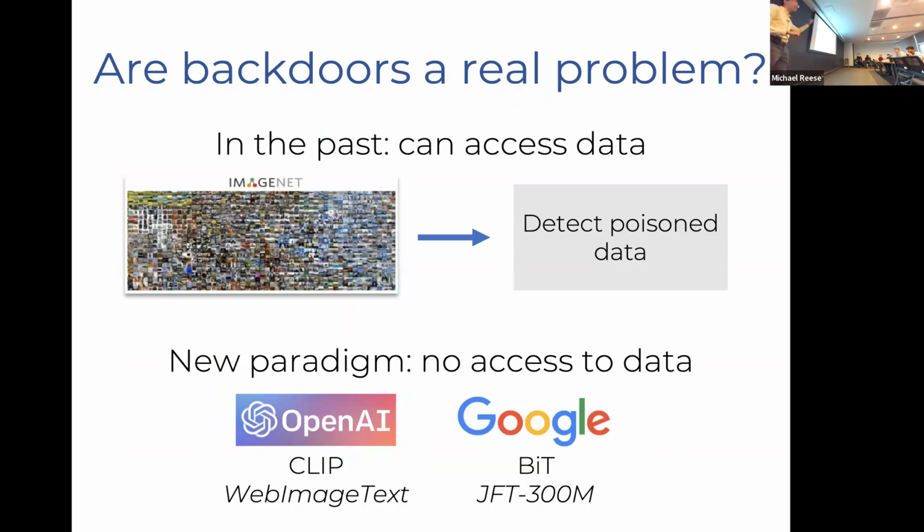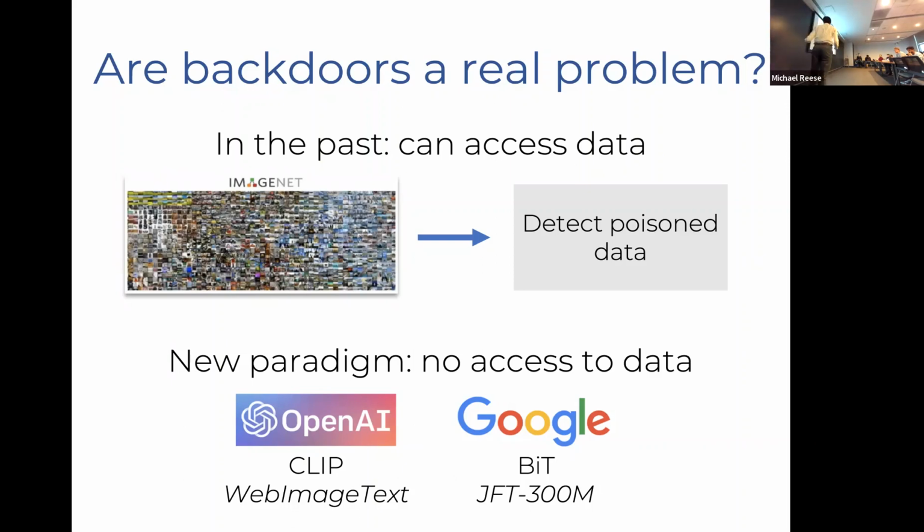Before, we would be able to access all the data that machine learning models were trained on. But nowadays, I'm sure many of you have used some of these models, we have this new paradigm where you have no access to data. In fact, you just get the models. People release models, and you have no idea what they're trained on. There are a couple of culprits of not releasing data here.